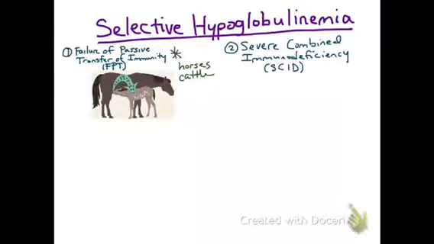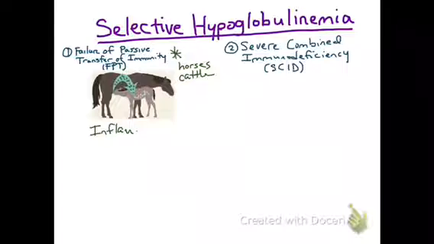So that leads to an immune-compromised state, which can result in secondary infections, which then causes inflammation. So within the CBC, you're going to be looking for signs of inflammation within the leukogram.